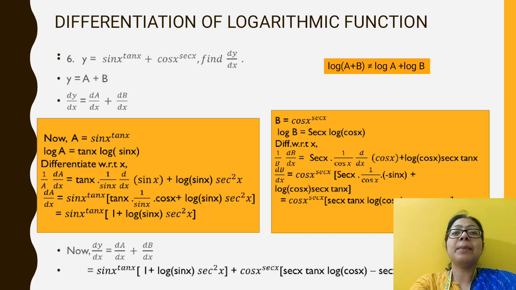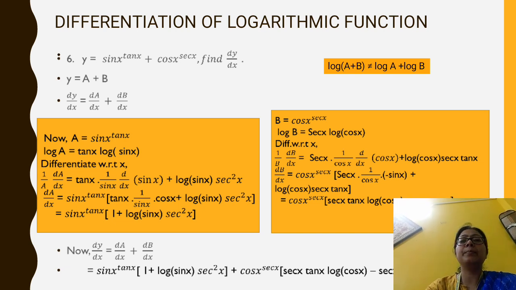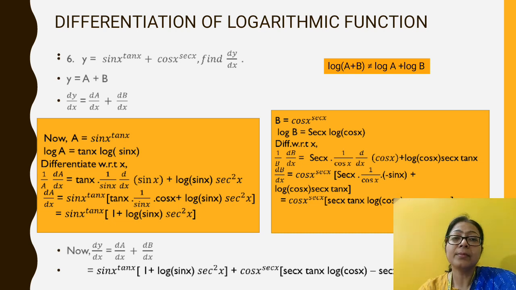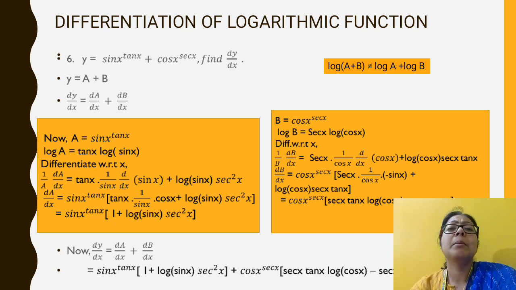That is a plus b. y is equal to a plus b, where a is sin x to the power tan x and b is equal to cos x to the power sec x. Then if we take the derivative with respect to x, dy dx is equal to dA dx plus dB dx. Now a is equal to sin x to the power tan x.